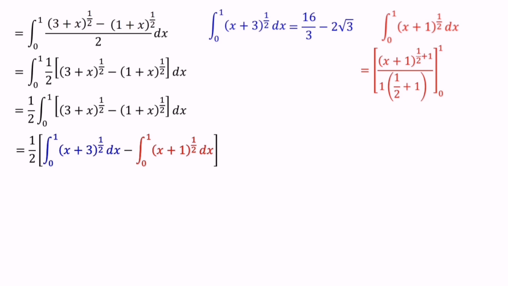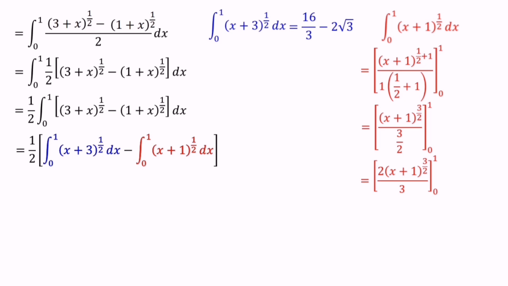Then we can write x plus 1 to the power of 3 over 2 over 3 over 2. Simplifying further, dividing by 3 over 2 is equivalent to multiplying by 2 over 3. Therefore, the result can be written as 2 times x plus 1 to the power of 3 over 2 over 3.